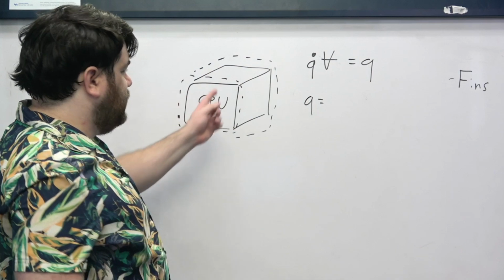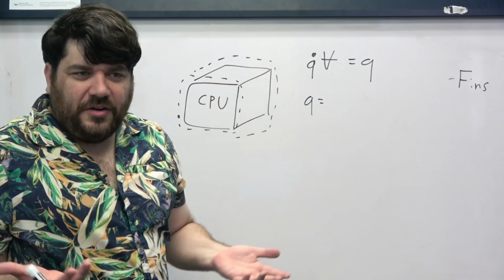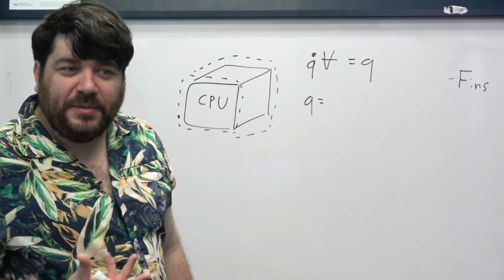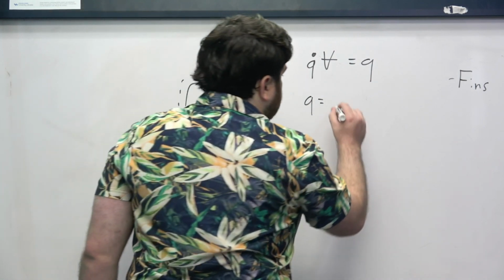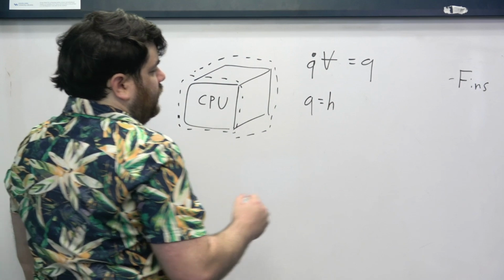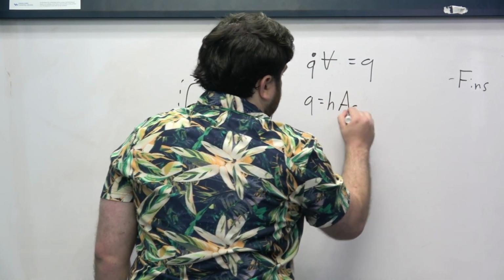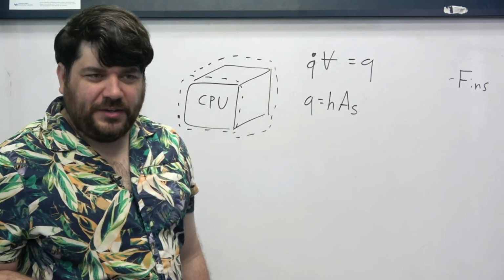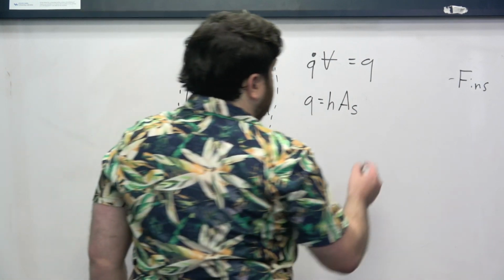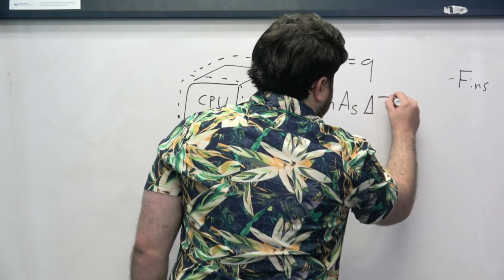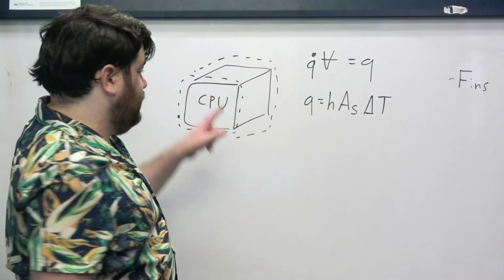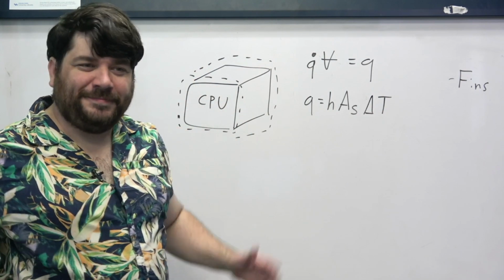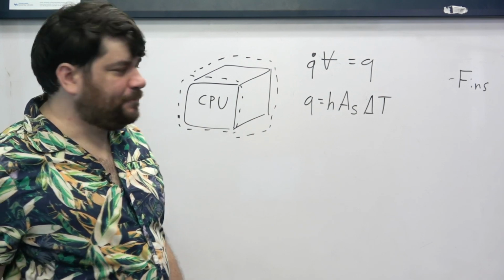The heat fluxes out into the air are convective. And the way that we model that, at least the way that we've been modeling it so far, has been to say, well, there's some heat transfer coefficient multiplied by a surface area over which the heat transfer actually takes place, and then multiplied by the difference in temperatures. In this case, the temperature of the CPU, or the temperature of the CPU at its boundary, and the temperature of the air surrounding it.